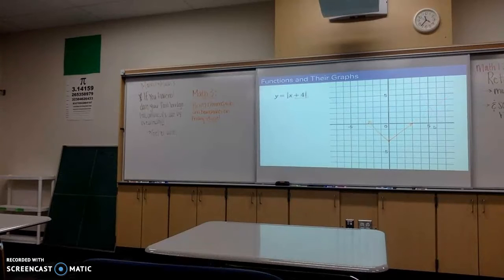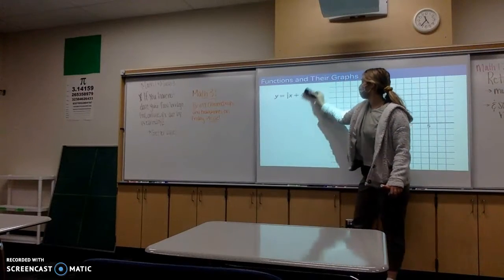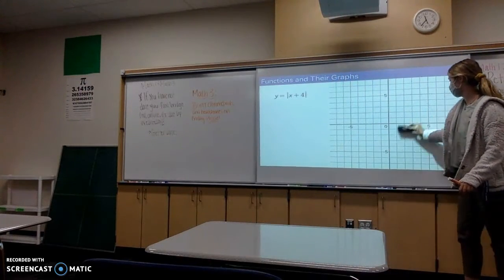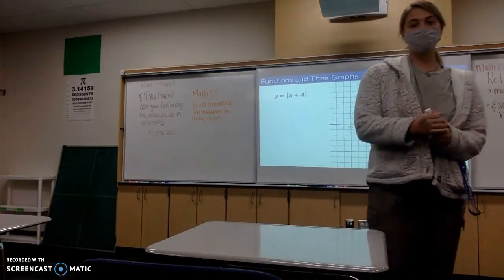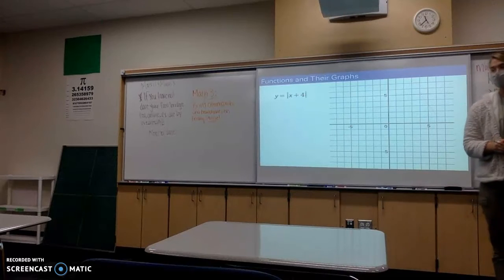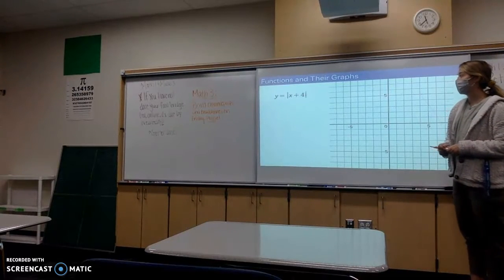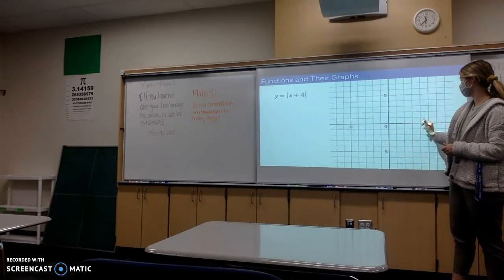All right. With your partner, decide where my blue dot is going to be for y is equal to the absolute value of x plus 4. What did you guys decide? Right 4? So this way, 1, 2, 3, 4.